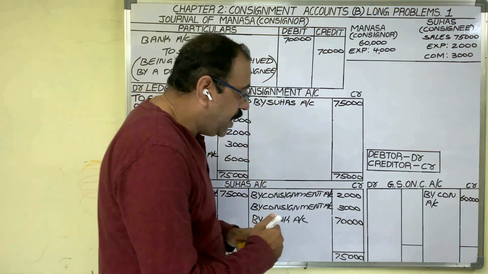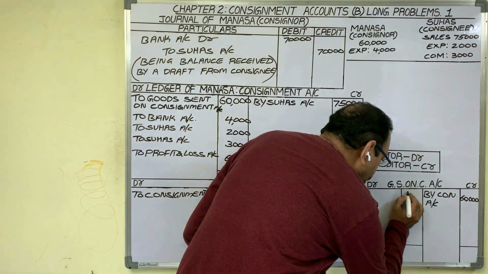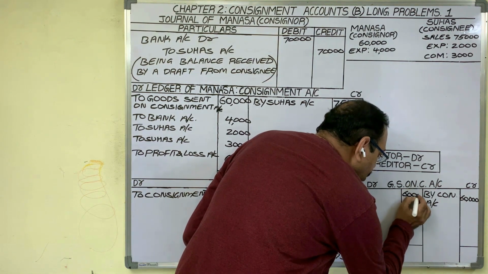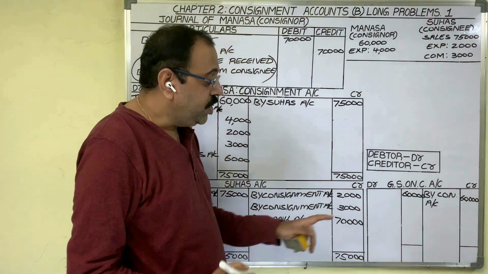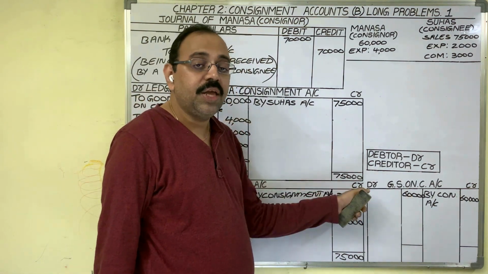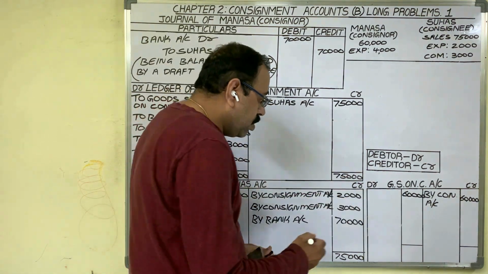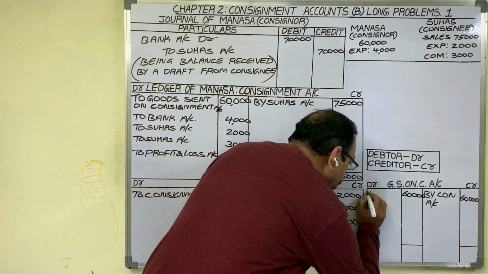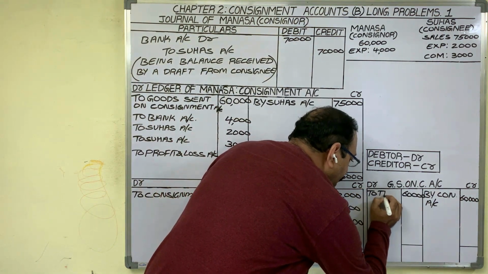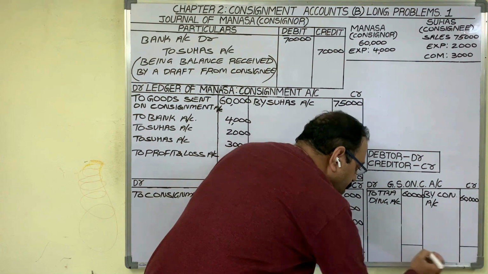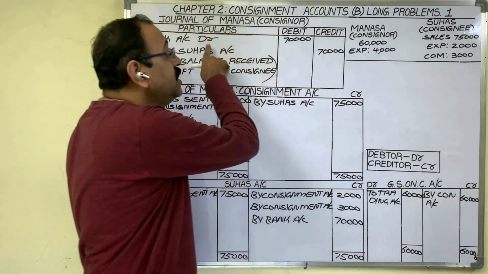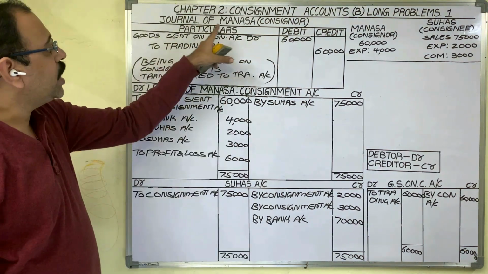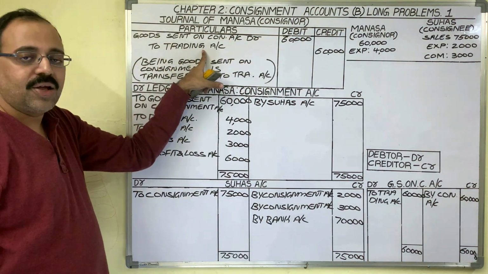So on the debit side, write down this credit total 60,000, but don't write balance carried down because we should transfer the balance to trading account now. Therefore, you have to write to trading account. Put the totals on two sides. Based on this posting, let us frame the journal entry. Goods sent on consignment account debtor to trading account.